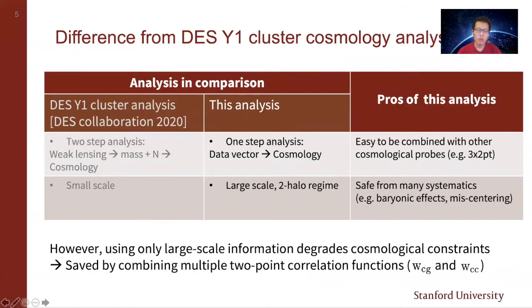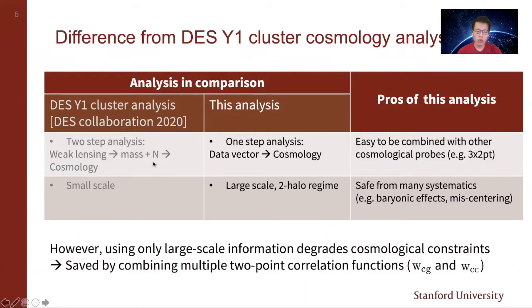They then jointly model the mass and the number counts of the clusters to get the cosmology. In our analysis, we adopt a one-step approach, in which we simultaneously model the abundance of the galaxy clusters and the two-point correlation functions to get the cosmology. The reason we do this is that our result is then easier to combine with other cosmological probes, like the 3x2 point analysis.